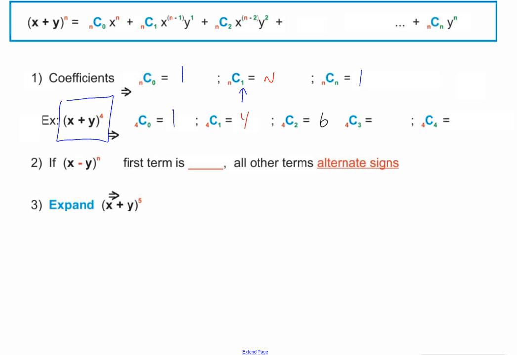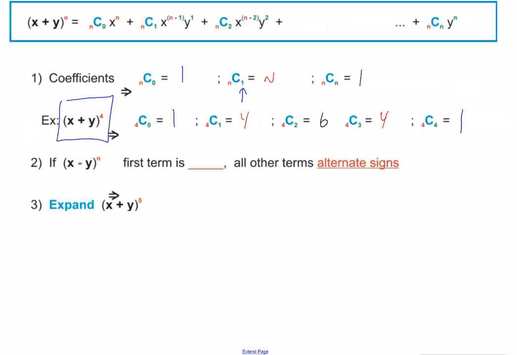By the way, when these numbers are 1 apart, then again it's going to be the n value, and the last number is a 1. So now we have all the coefficients: first term is a 1, second is a 4, third is a 6, fourth is a 4, and the fifth is a 1.